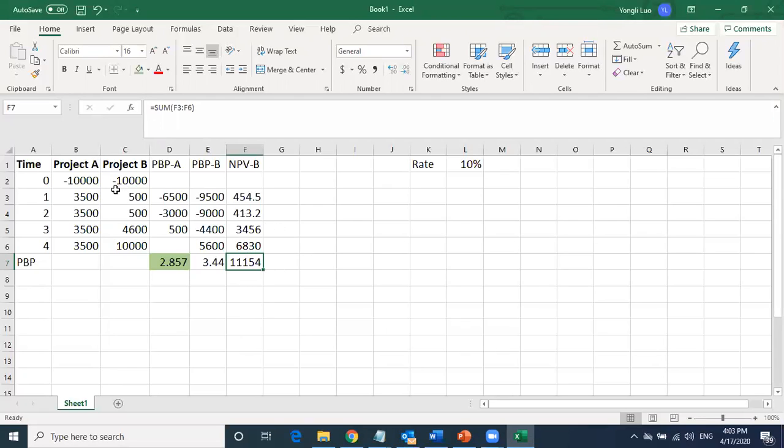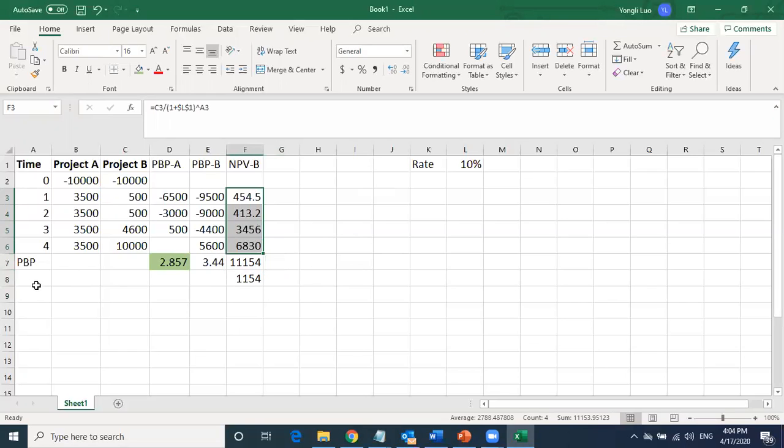And because you have 10,000 initial investment, your net present value will be this number, after excluding the initial investment. So your net present value is 1,154. We can do the net present value the way we did, like this: discount, sum them up, and subtract your initial investment.